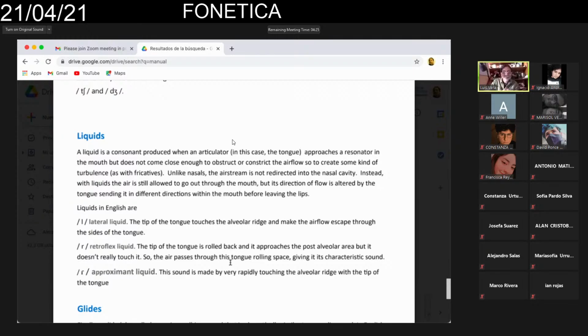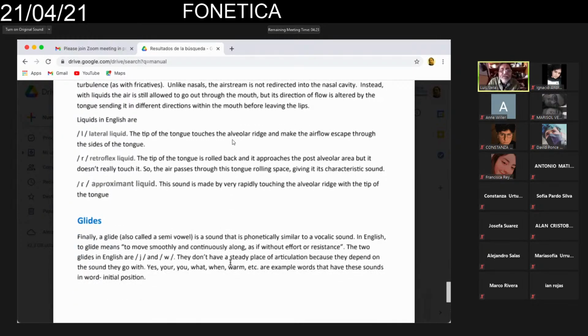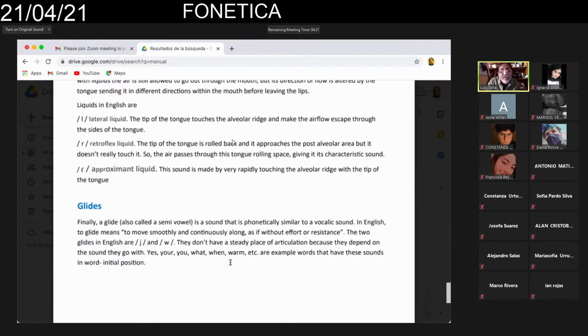You got it now? And finally, you have the glides. A glide, also called a semivowel, is a sound that is phonetically similar to a vocalic sound. That's why E and W. In English, to glide means to move smoothly and continuously along as if without effort or resistance, como los gliders, los planeadores. Así como volar, flotar en el aire.